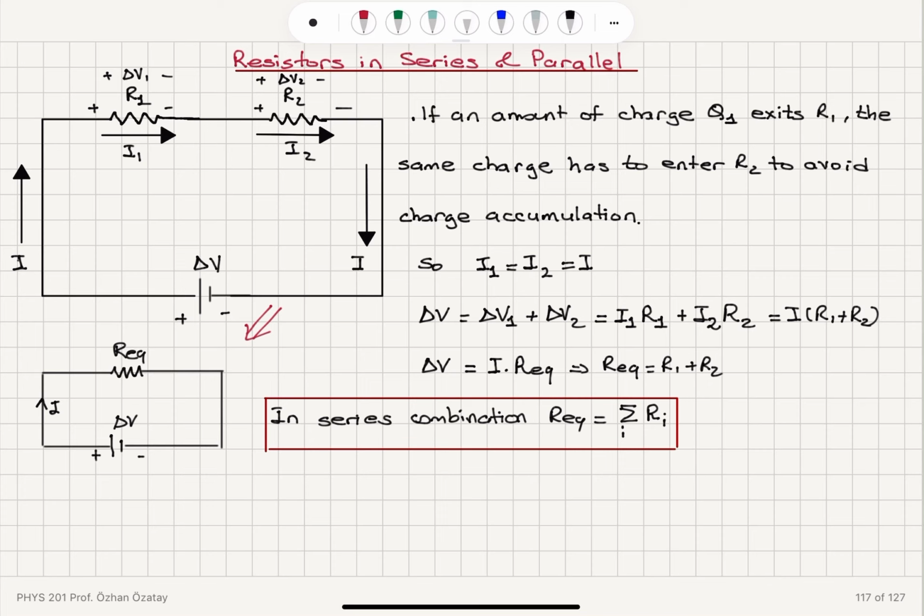That's delta V supplied by the battery here. And this basically gives us an equation between the equivalent resistance and R1 and R2, as R equivalent is R1 plus R2. So this requirement basically leads to the addition of the individual resistances to give us the equivalent resistance in the series combination, which is going to replace this circuit with this circuit.